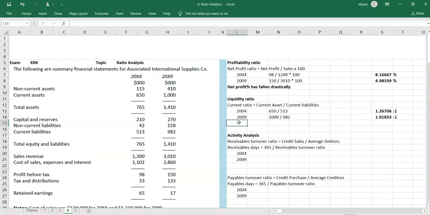So in terms of comment, we can say that the ratio should be around 2:1.